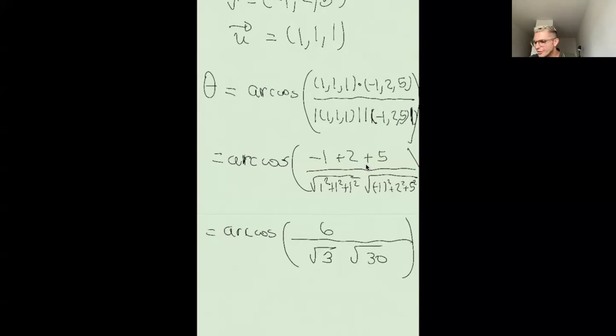In this case, you can just leave the answer like this. You don't need to simplify it further. This is something that MATLAB would understand in principle, so you don't need to approximate it. I guess it's clear that this should not be any of the special angles.